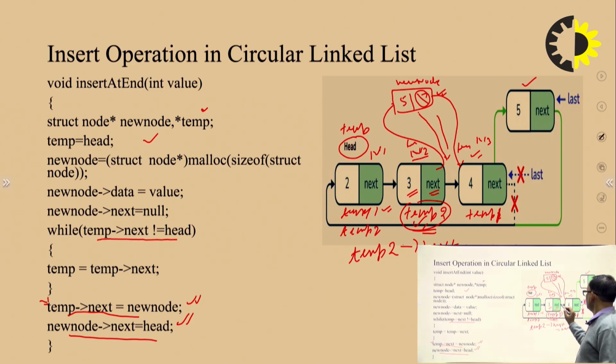It means now this link will be disconnected and this next field points to this. Okay, now again to connect this new node with temp1, what syntax can we use? We can use new node arrow next equal to temp1.